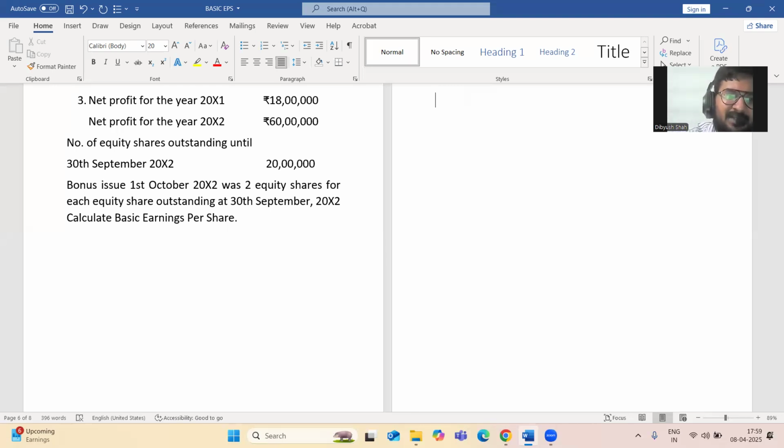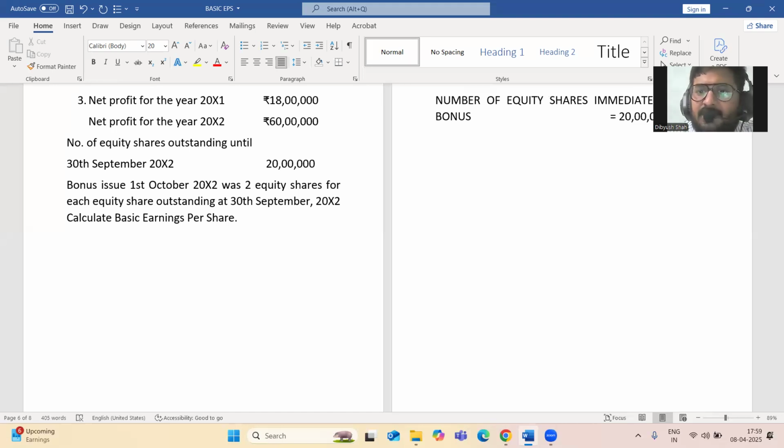So in this case, again, there is no preferred stock dividend. Number of equity stocks immediately before bonus, that is 20 lakhs.